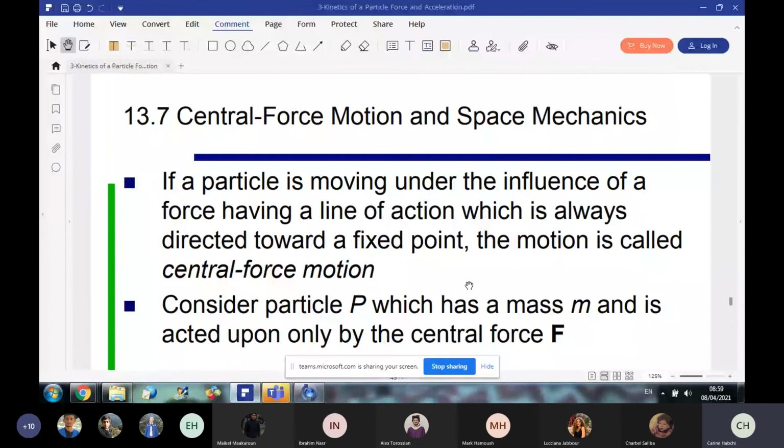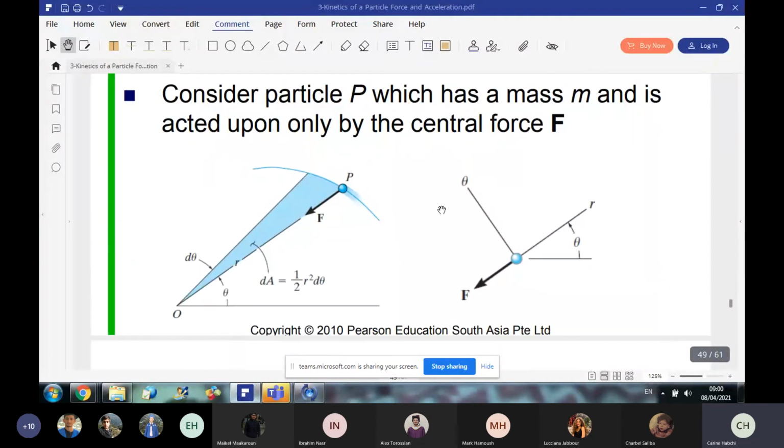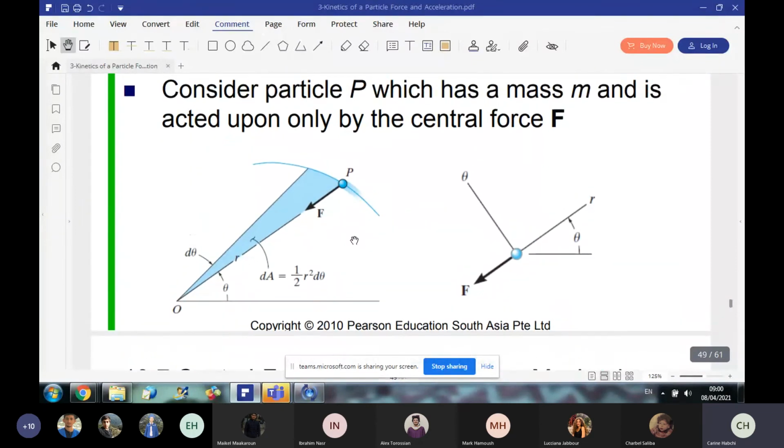If you consider this figure, you have a particle P moving on a path, and the force acting on P is always directed towards one fixed point, which is here the origin. In this case, to define its motion, we will use cylindrical coordinates. Why? Because here we have one fixed origin and the position vector r is changing in direction.